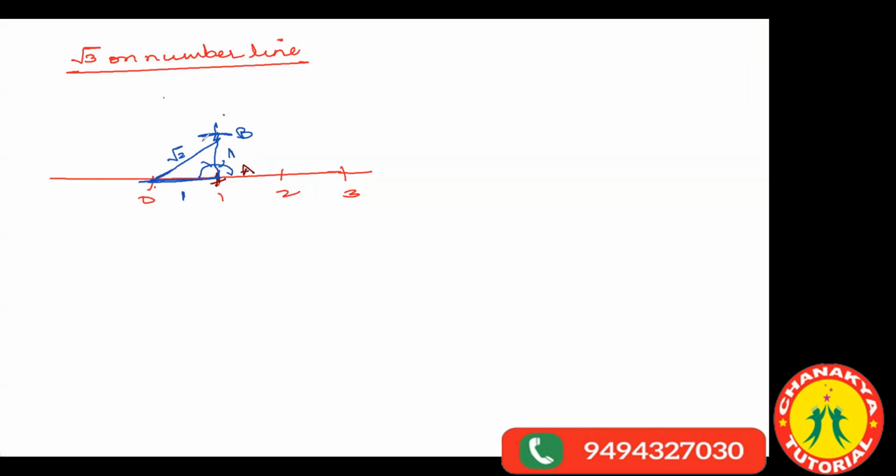Drawn? Yes, ma'am. Okay. Now next step will be that on this B point, draw 90-degree angle again with the help of compass. And it will be like this. Draw it. At B point, draw 90-degree angle or perpendicular you can draw.